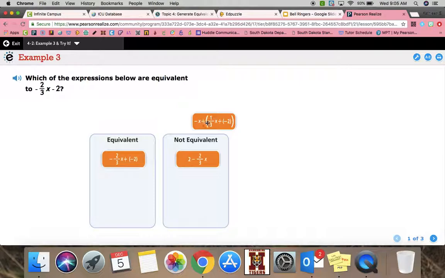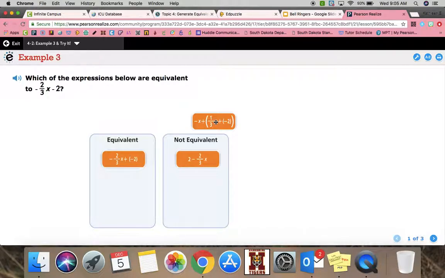So what we need to figure out is if I move the parentheses, because there's nothing to distribute, or we can distribute a 1, will this be the same? If I remove the parentheses, if we distribute a 1, 1 times 1/3 x is 1/3 x, 1 times negative 2 is negative 2. So we can pretend those parentheses aren't there. Then we have an x and an x.